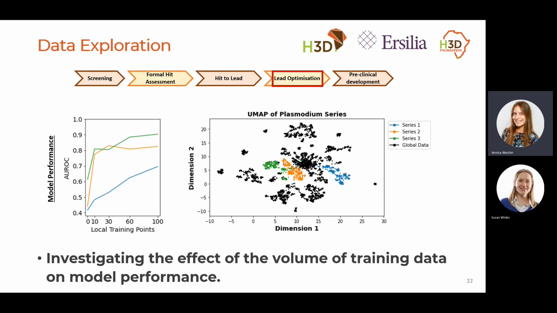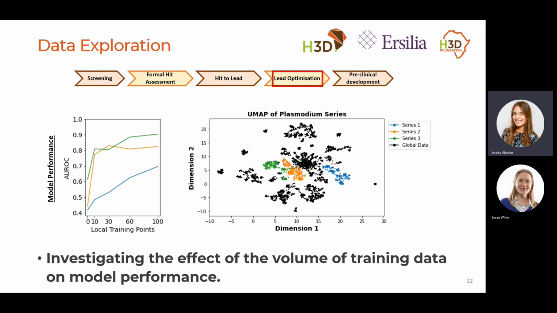And here we've plotted our 3 chemical series of interest in our Plasmodium library relative to everything else in the library. And we can see 3 general cases. So we've got this blue line, a chemical series, which is really poorly modeled from the beginning, and it's quite difficult to model even with a lot of local training points to that chemical series.